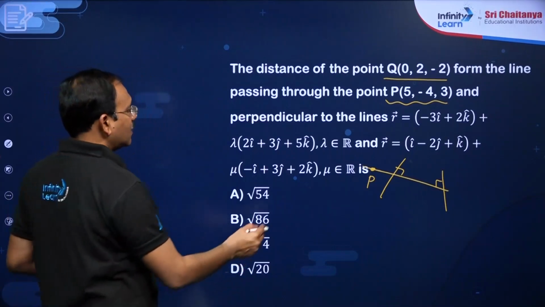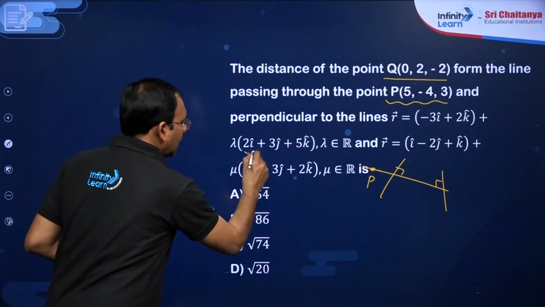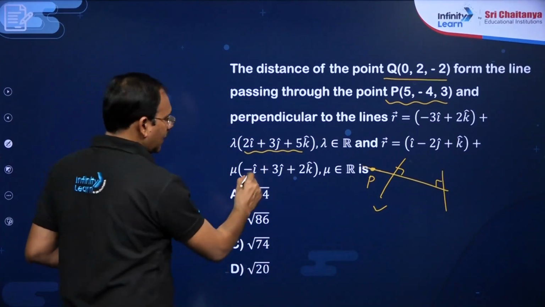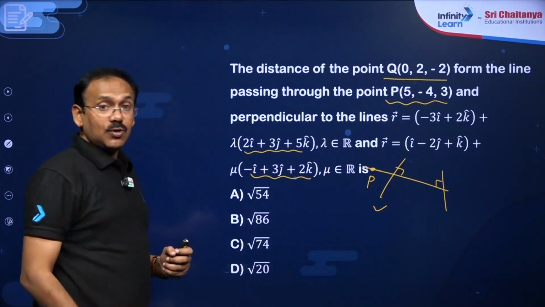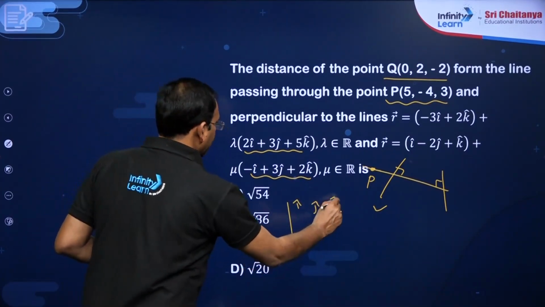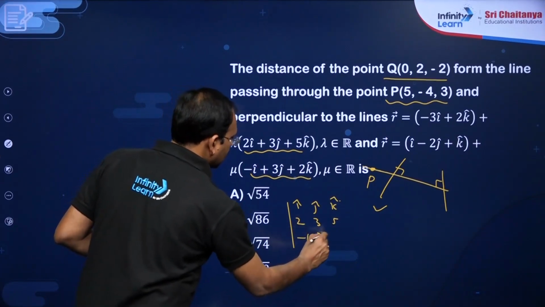In vectors language, r bar is equal to a bar plus t b bar, meaning the first line's parallel vector is this one's. Similarly, the second line's parallel vector is this. Try to take their cross product. So i cap, j cap, k cap, this is 2, 3, 5, this is minus 1, 3, 2.